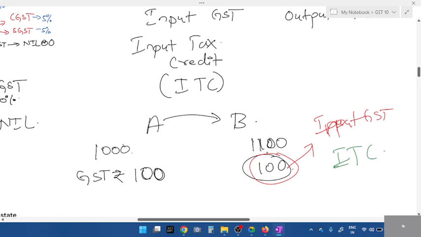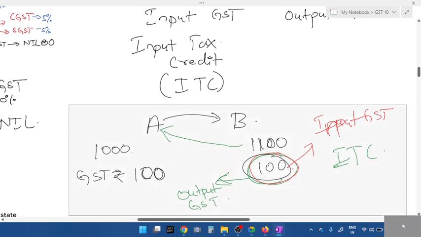And who is collecting this 1100 from B? A is collecting, right? So this 100 becomes what for A? This 100 becomes output GST or output tax. This is the concept of input and output. When you pay, you call it input. When you're collecting it from someone, you call it output.